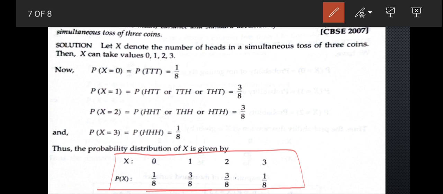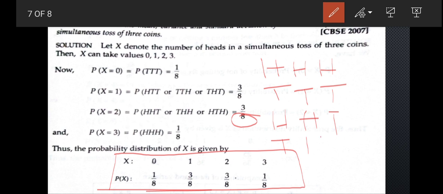I think no one has a doubt about where the 8 has come from, because if you toss 3 coins simultaneously, then you can get 3 heads or 3 tails, 2 heads, 2 tails, like this h t h, h h, and one more chance is that you will get t t h.